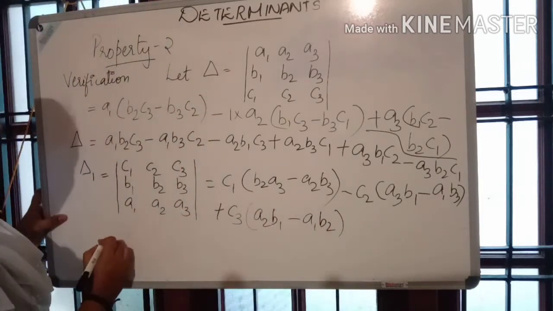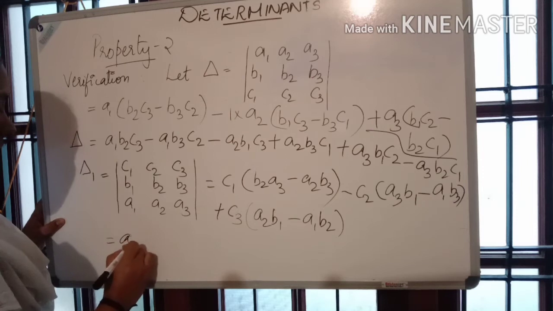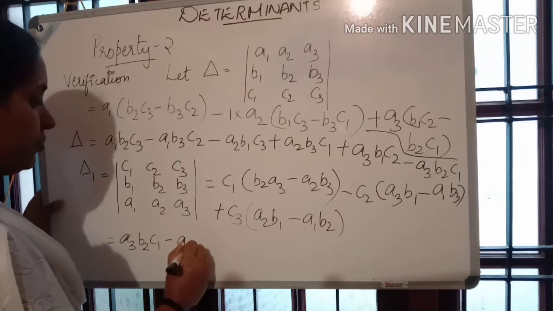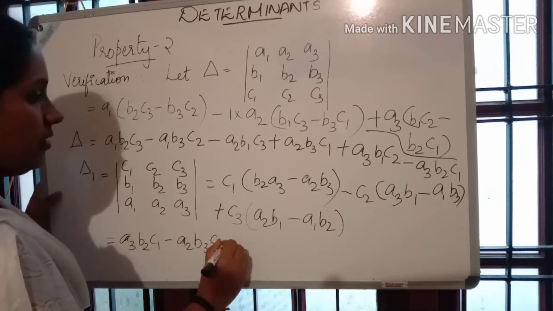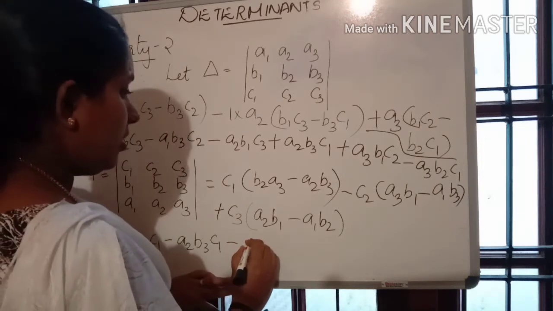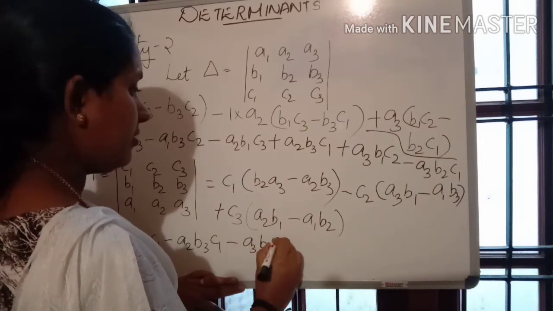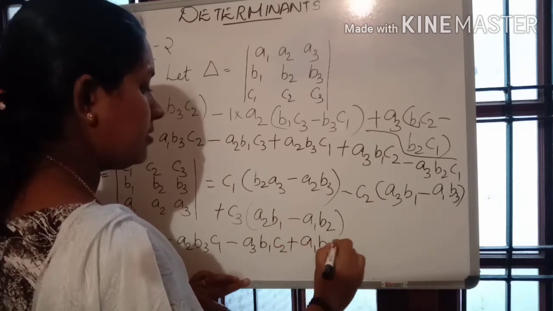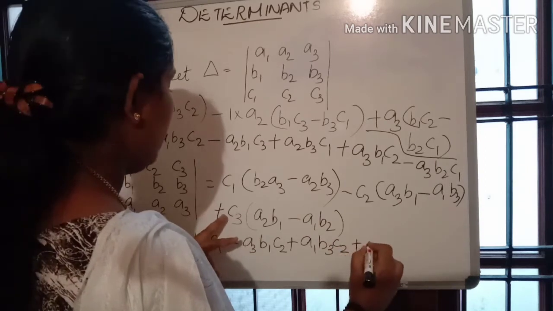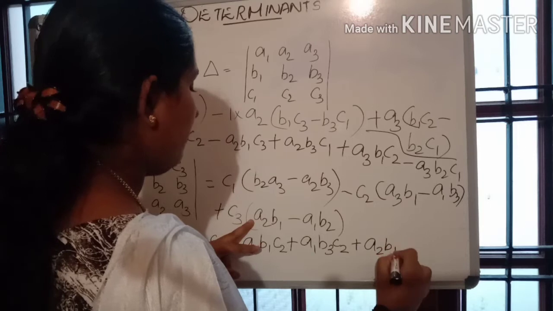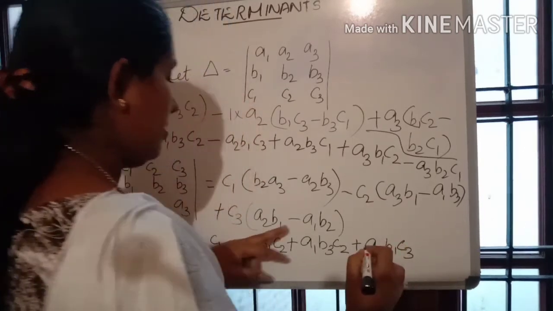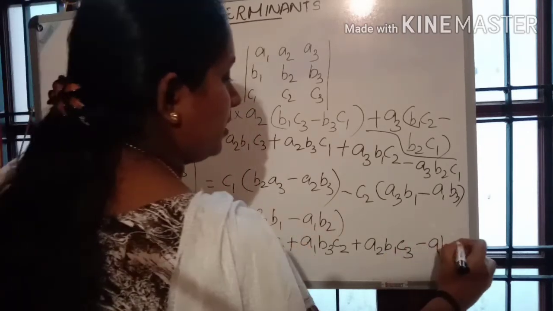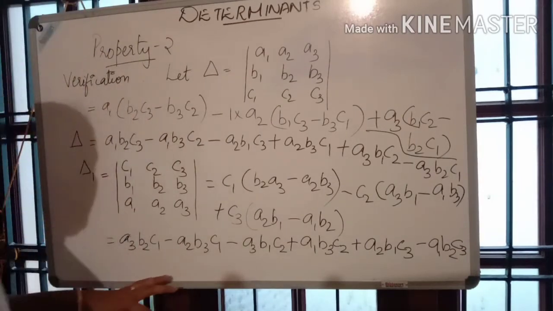We'll get the answer as A3 B2 C1 minus A2 B3 C1 minus A3 B1 C2 plus A1 B3 C2 plus A2 B1 C3 minus A1 B2 C3. Okay, clear?